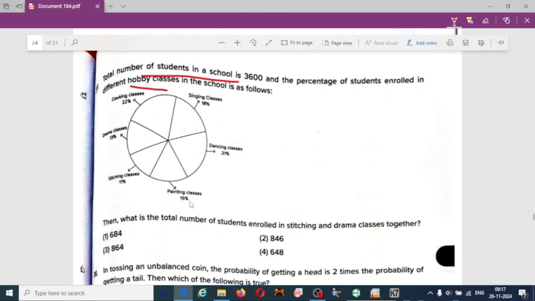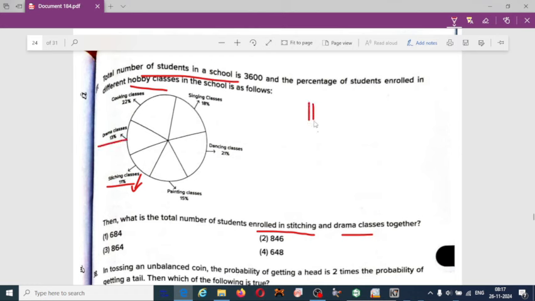Here we are only concentrating on students enrolled in stitching and drama. Stitching, how much? Here 11%, and drama 13%.